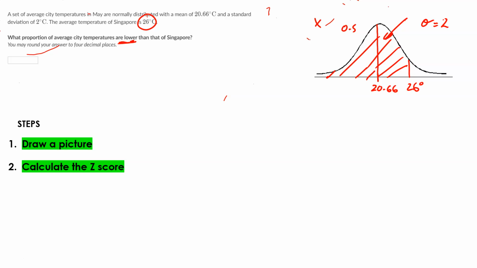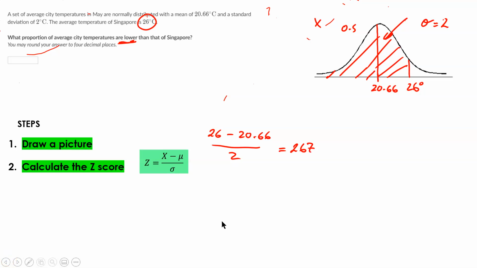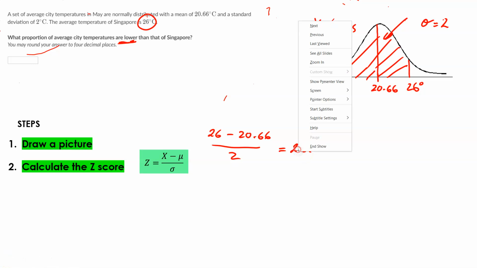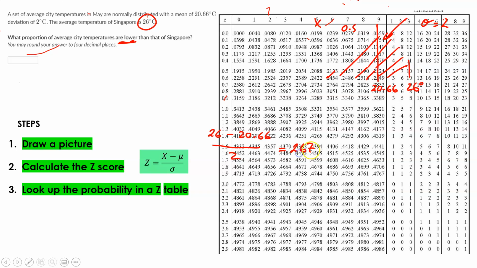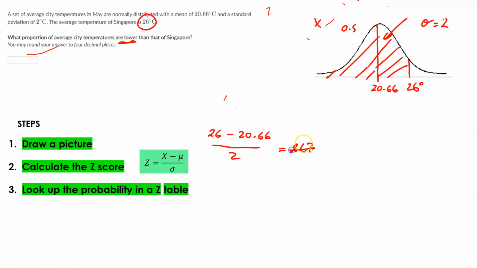First of all, we work out what 26 is as a Z score. Using our calculation, we've got 26 take away 20.66, divided by 2. We put that into a calculator, and it gives us 2.67.